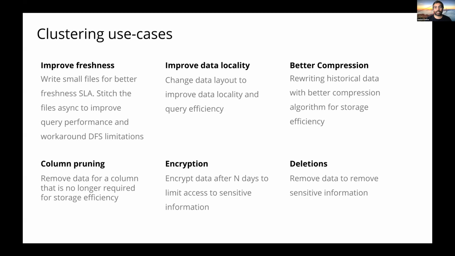So we added a strategy in clustering to stitch these small files into large files, and the data is available to the queries sooner because even the small files are like that. There is a limit to the number of small files, and so the freshness is improved. But at the same time, in the background, we can stitch these small files together and improve the query performance for older data.